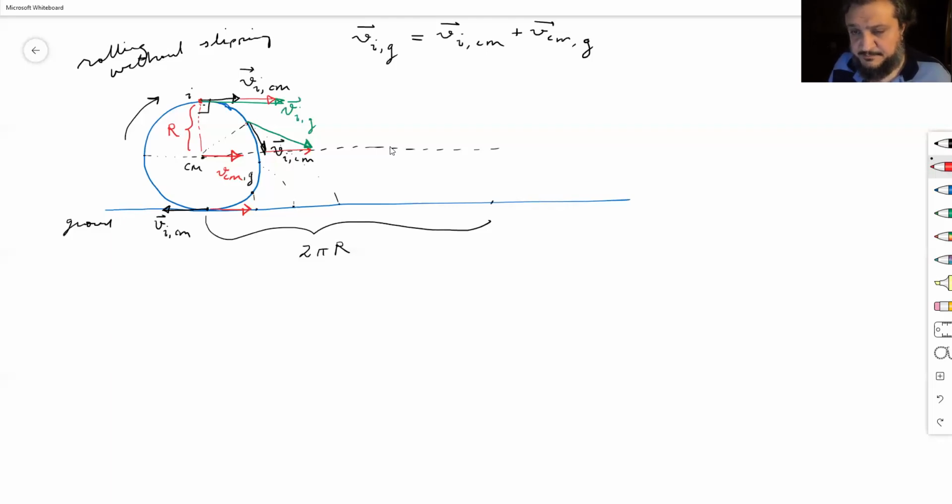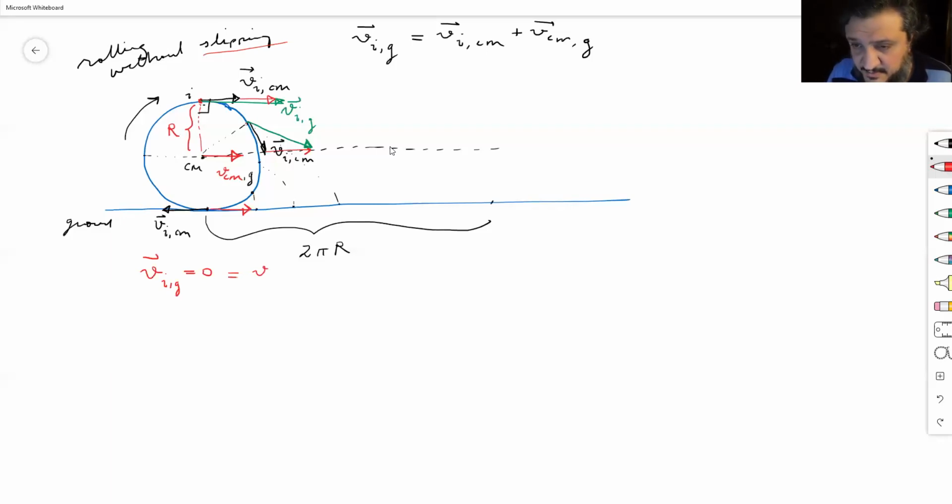But here, see, it's rolling without slipping, which means for this point, at that instant, VI, G has to be 0. Remember, there's no rubbing. It's just rolling like this. At that instant, there is no relative velocity with respect to ground. It is 0. So what does that mean? If this is 0, this means, okay, I'm going to use the same color here.